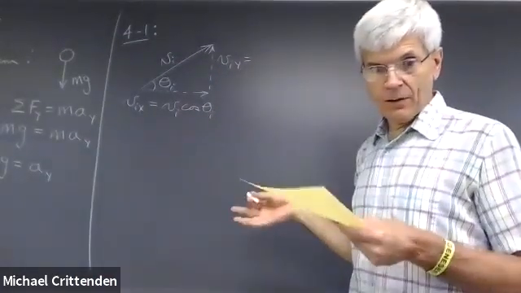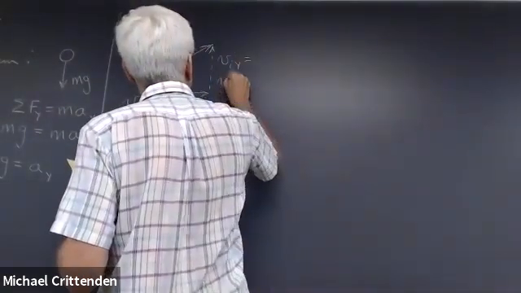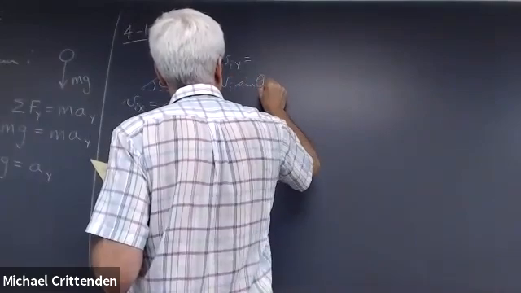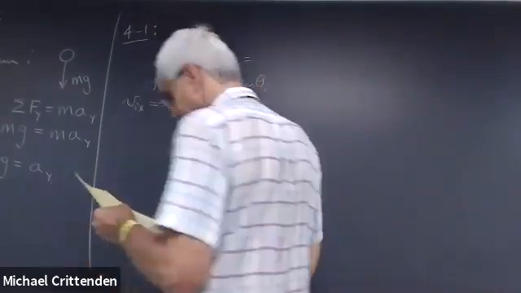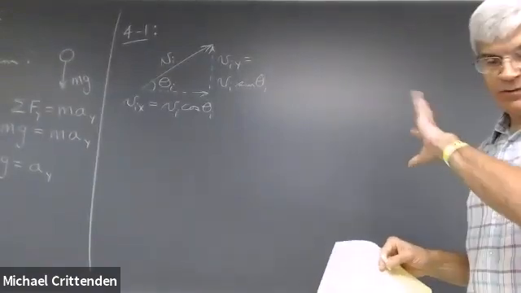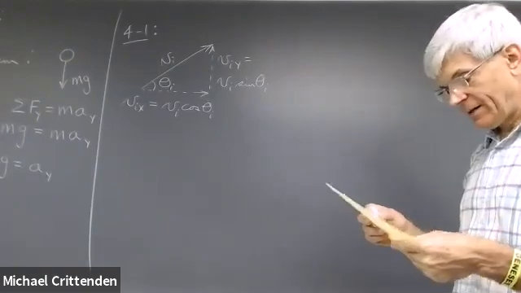Similarly, the y component will be the same sort of thing with the sine. Okay, I'm going to let that sit there for a few lines of calculations and get back to it.